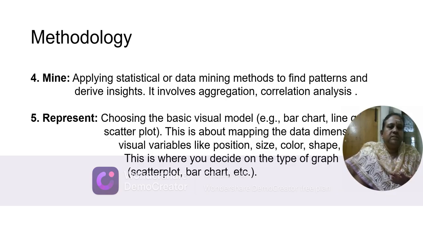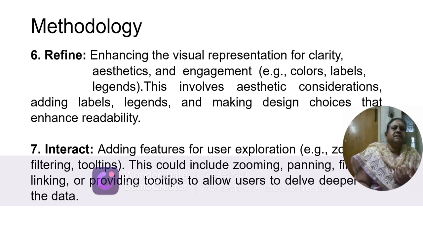The fifth stage is represent. And the sixth stage is refine. So, even though you have taken the right model to represent it, it has to be refined, that is giving more clarity on the data model that you have used, enhancing the visual representation for clarity through aesthetics and engagement.